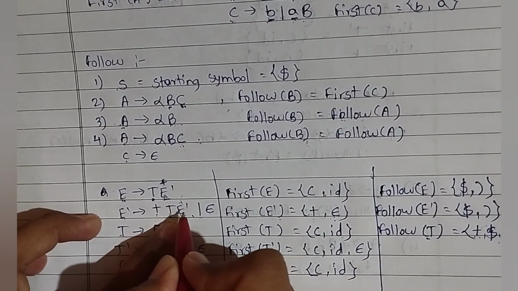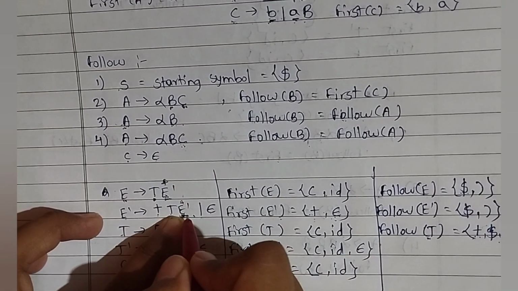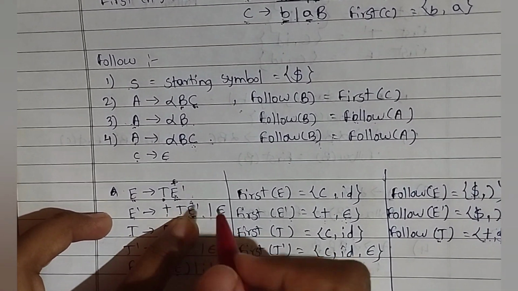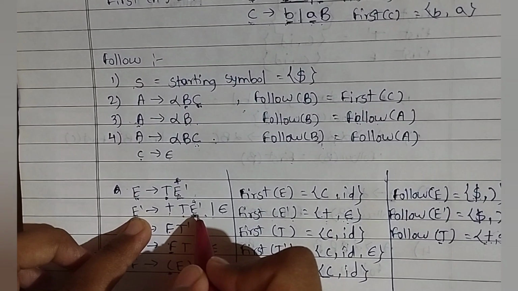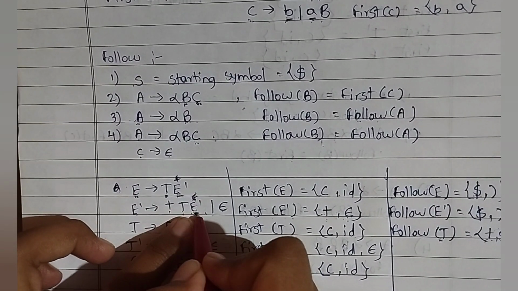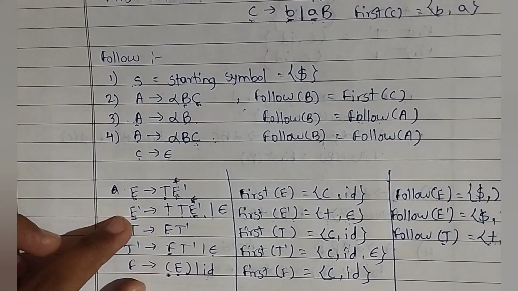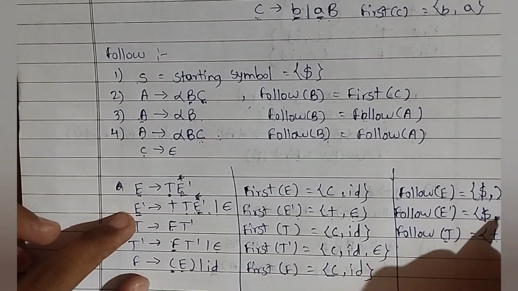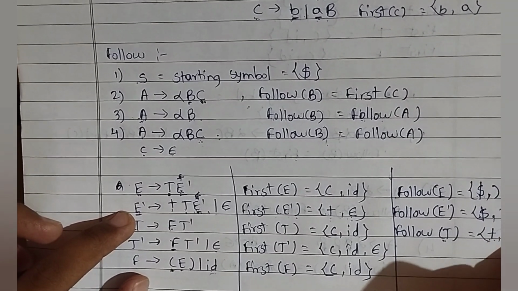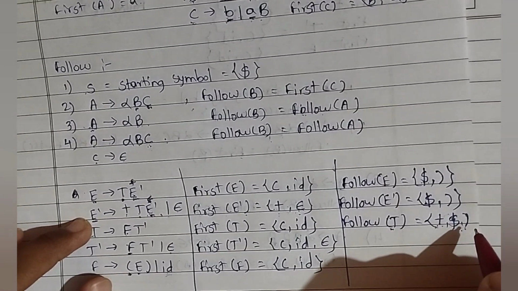We consider plus, it is already present. If we consider null, then we find out the follow of E dash. Here if we consider null, then T is followed by null, and if T is followed by null, then we find out the follow of E dash, and follow of E dash is dollar and closing bracket, which we already consider here, so no need to write again and again.